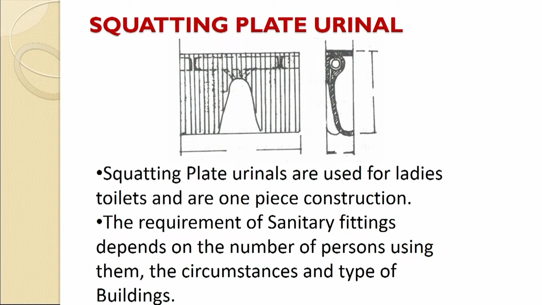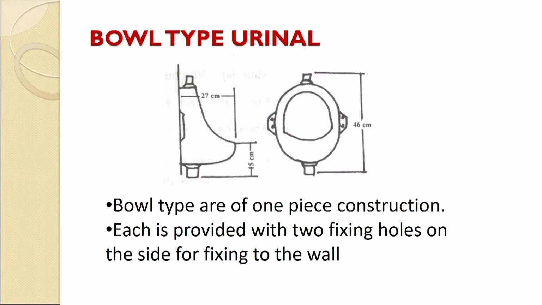The requirement of sanitary fittings depends upon the number of persons using them and the circumstances and type of building. You see the top view and the side view of the urinal used by females. Again, it is a common picture given in the self-learning material of the National Institute of Open Schooling.